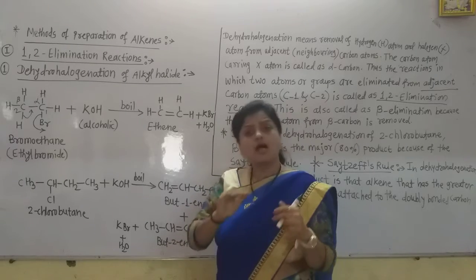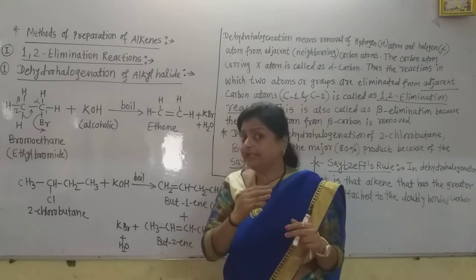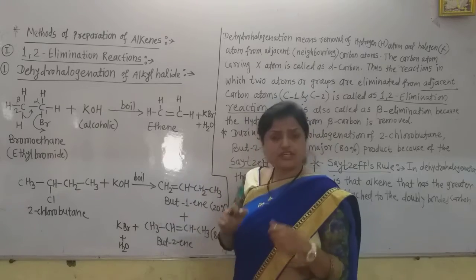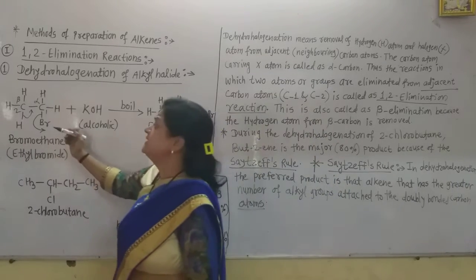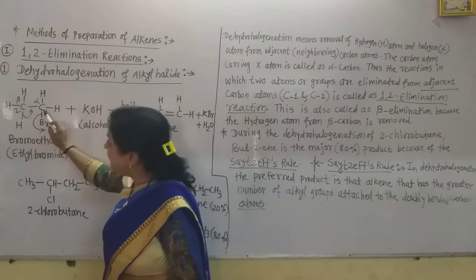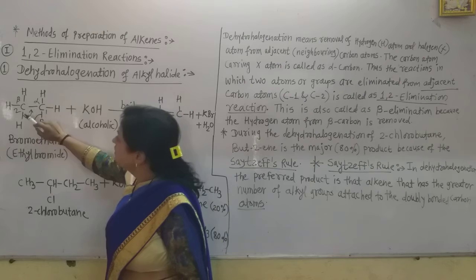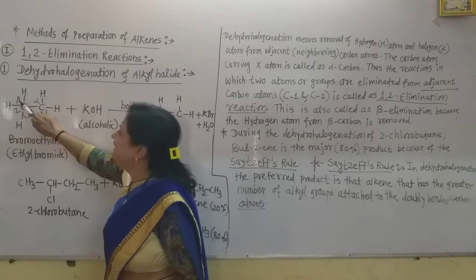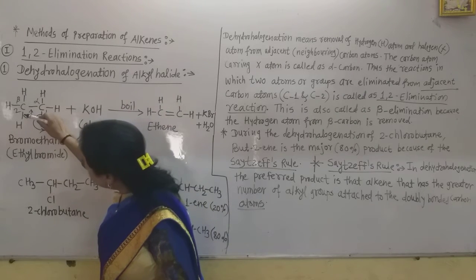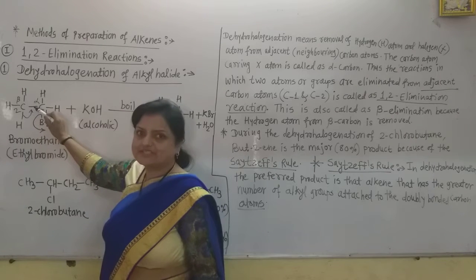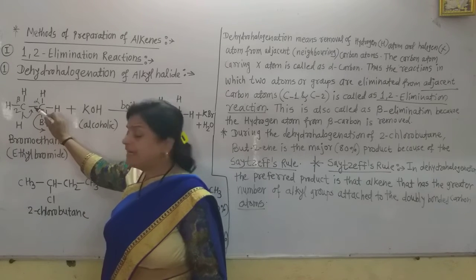Now how do the hydrogen and bromine get eliminated? See here, very important. What is the mechanism? First, what happened? This hydrogen atom which is adjacent to the carbon having the halogen, the hydrogen atom on the beta carbon, gives its bond here between the two carbon atoms. And at the same time, what happened?